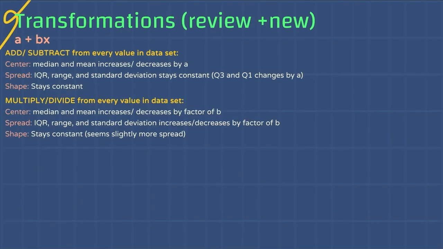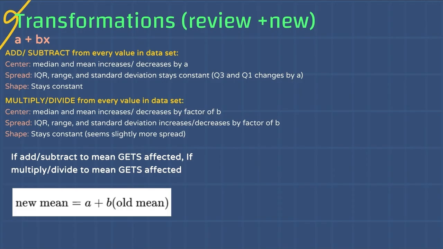So, now, transformations. We went over this in Unit 1. So keep this in the back of your mind, because it applies to this. If we add or subtract to the mean, it gets affected. As stated before, when we add or subtract from every value in the data set, the center increases or decreases by A. Also, if we multiply or divide the mean, it also gets affected.